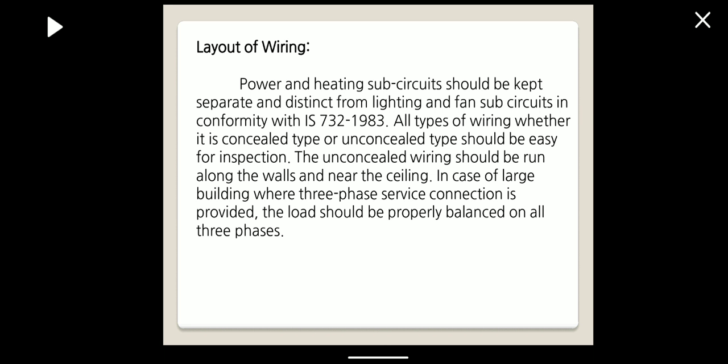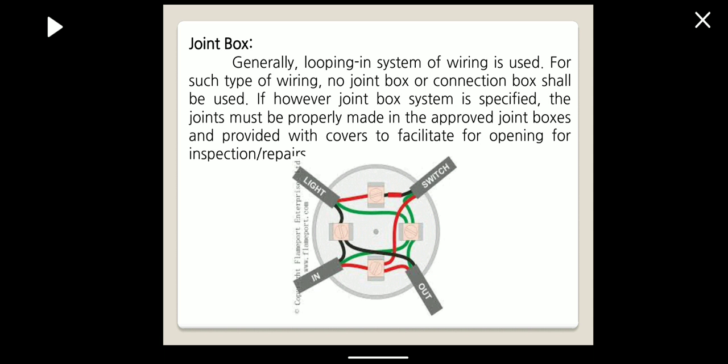Unconcealed wiring should be run along the wall and near the ceiling. In case of a large building where a three-phase service connection is provided, the load should be properly balanced in all three phases.